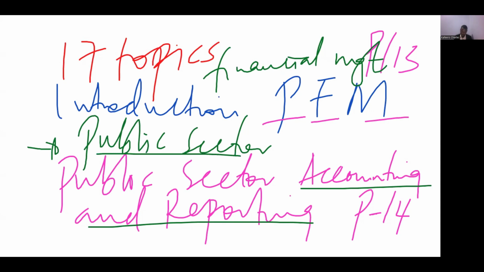Therefore, as I was saying, we have to define what we call the public sector. So we have to know how it differs from the private sector, because we know that there are two sectors. We have the public and then the private. Of course, we also have the other, non-profit.